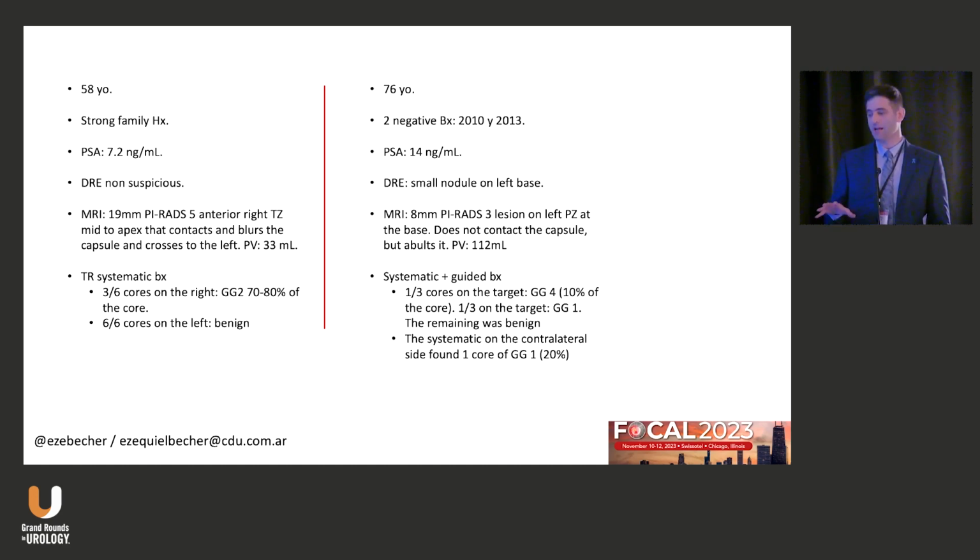He had a systematic and targeted biopsy, revealing that 1 of the 3 cores on the target was grade group 4, 10% of the core. Another core on the target was grade group 1, and the other one was benign. And he had a systematic biopsy on the other side, finding 1 core of grade group 1 disease, 20%. Now, with a raise of hands, who would counsel more aggressive therapy for the first patient?